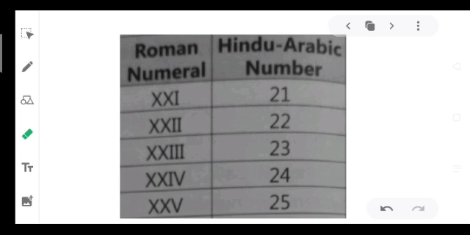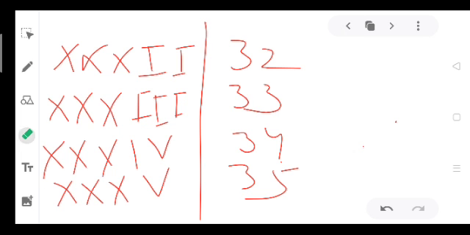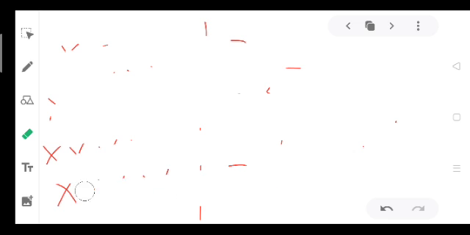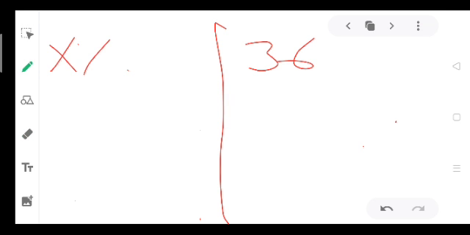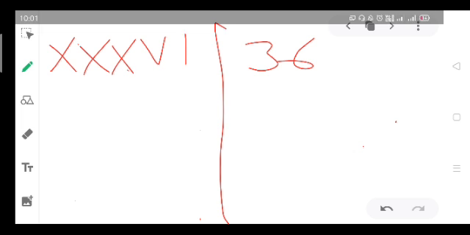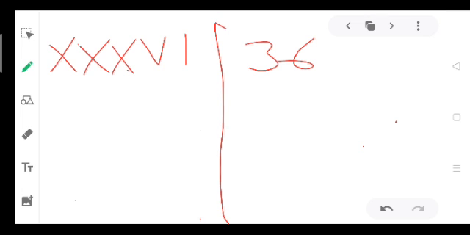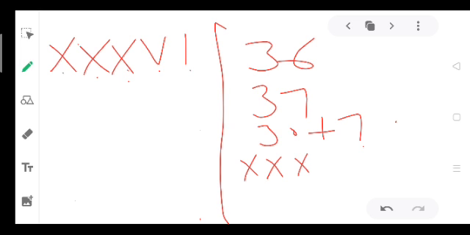36. For 36, how will you write? Firstly 30, 3 times X, then 6. Expanded form of 6 is 5 plus 1. Expand 6: 30, then 5 and then 1. So XXXVI. 37: 30 plus 7. 3 times X plus 7, which is made up of 5 plus 2.